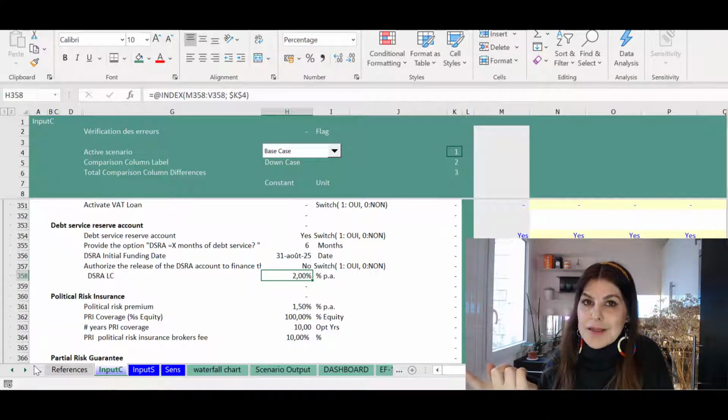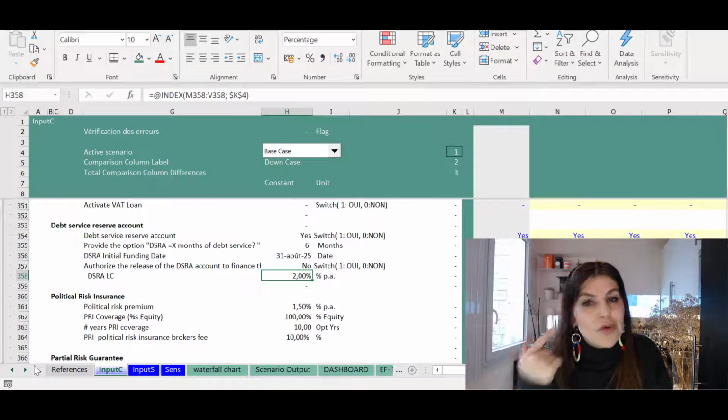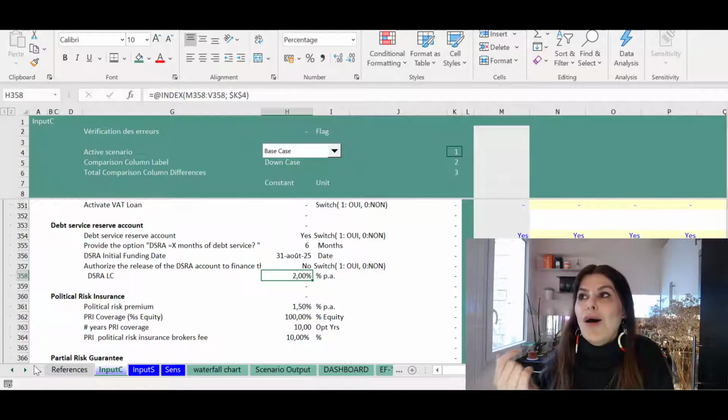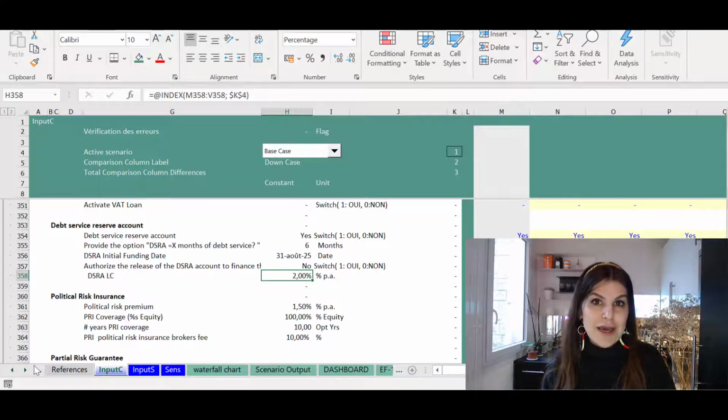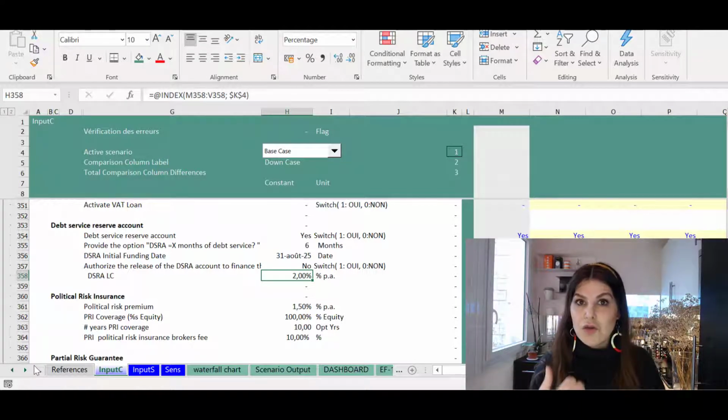My aim basically is to share with you what I know, and also to give you a hint about the importance of financial models when you're negotiating your contract. Having a flexible tool with you when you're negotiating a contract will help you get a better deal, because first of all, you will have an argument.